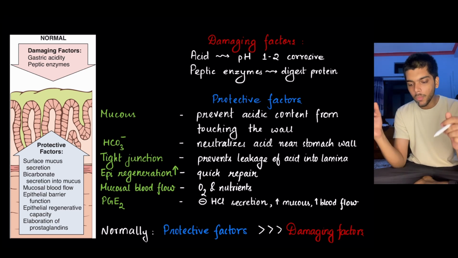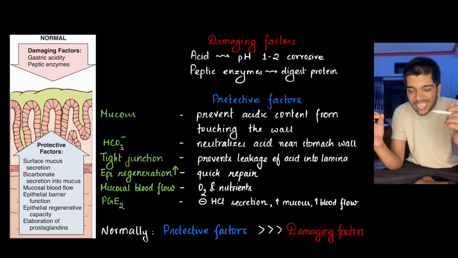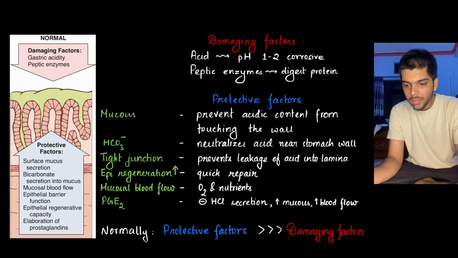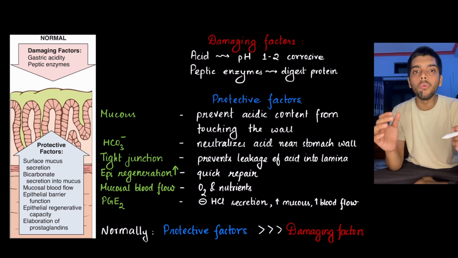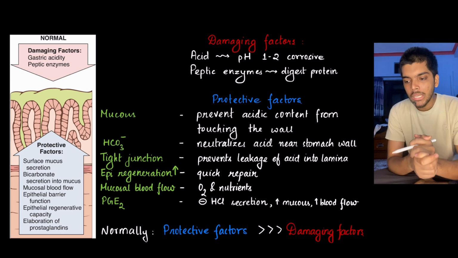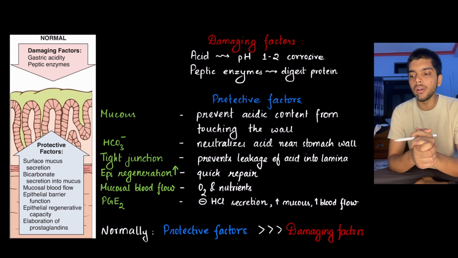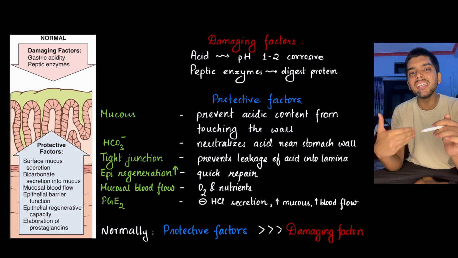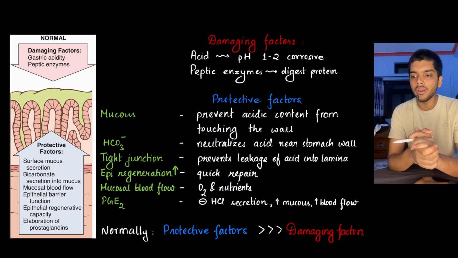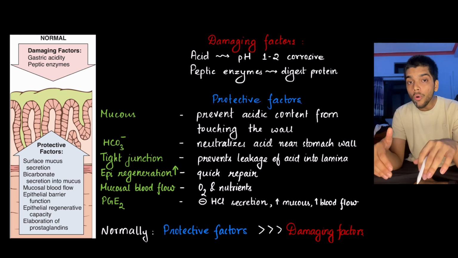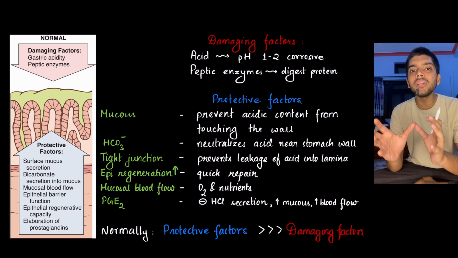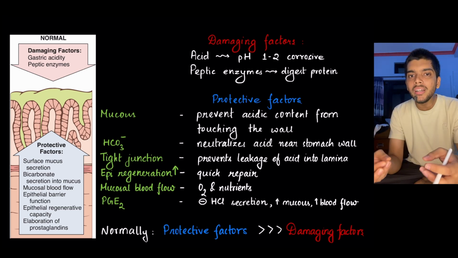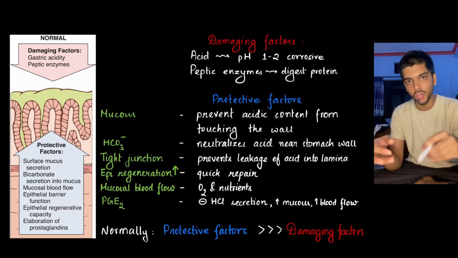With that being said, what we are going to talk about in this video is the condition of the wall of your stomach. See, the wall of your stomach is under continuous stress. However, this stress is overcome by protective factors present within the stomach.